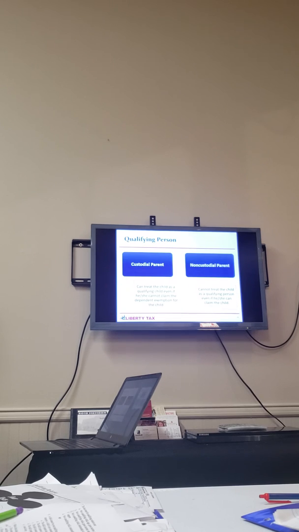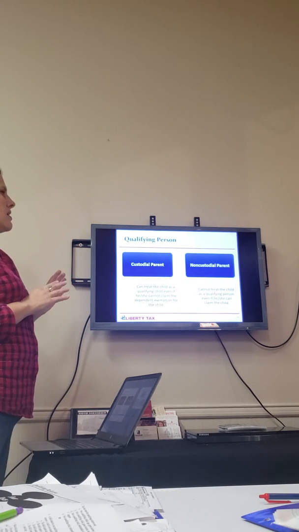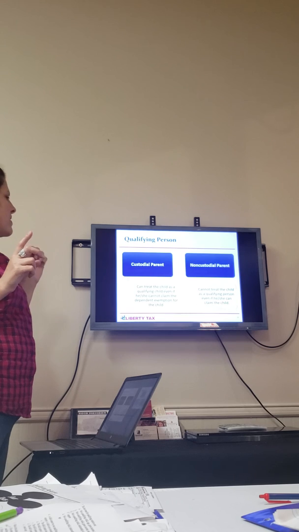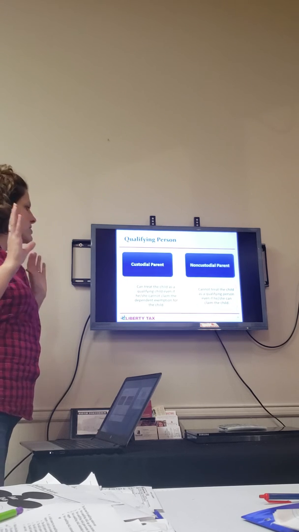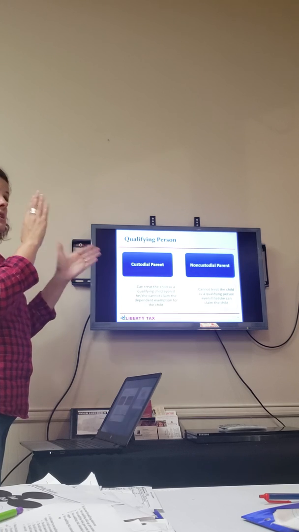Custodial parent can treat the child as a qualifying child even if he or she cannot claim the dependent exemption. Non-custodial cannot treat the child as a qualifying person even if he or she can claim the child. So what they're saying is, this is one of those things, you know, when you can break up dependents, which I don't know if y'all remember, we may or may not have focused on it a lot, that there are 6 or 7 actual credits that can go for children when you're doing the tiebreaker rule.